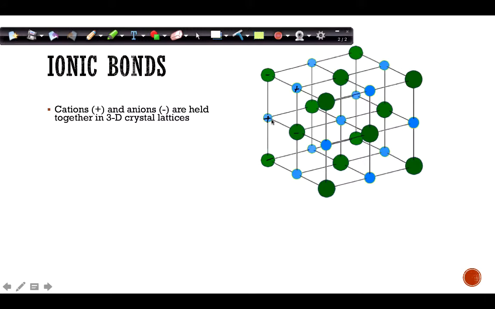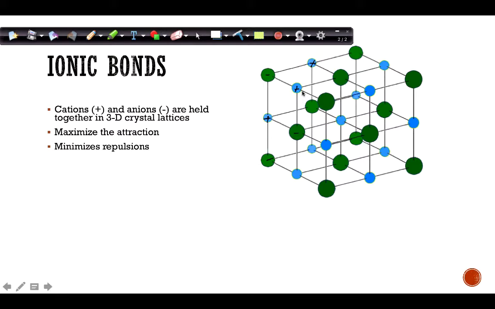The positive ions will always be smaller ones, the negative ones will be larger. Basically they arrange themselves in this crystal lattice, which is a very ordered structure, and you'll have the positive ions around the negative and then vice versa.